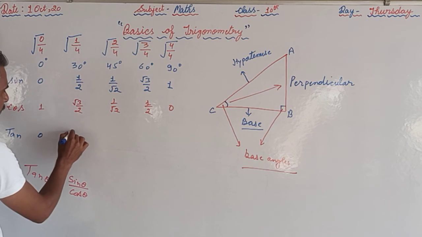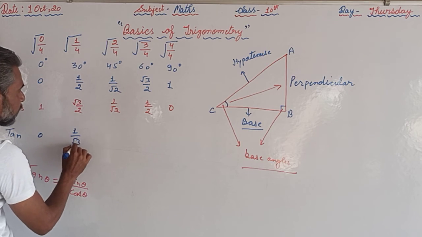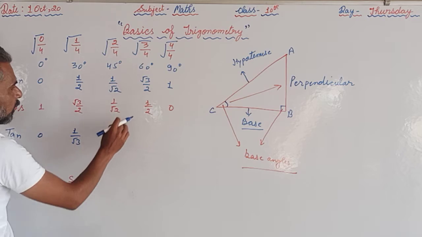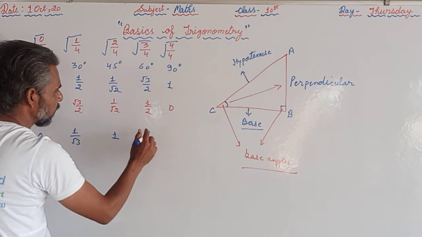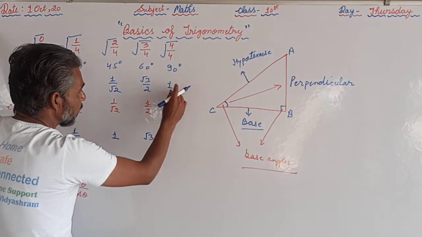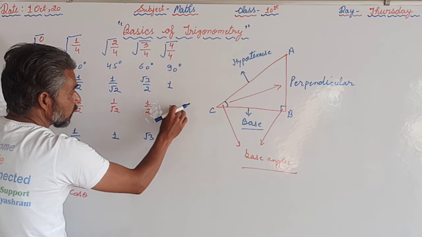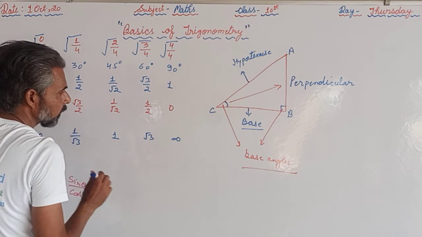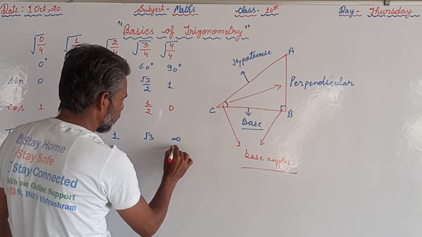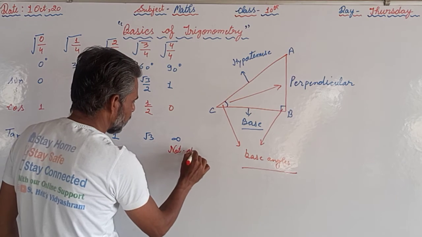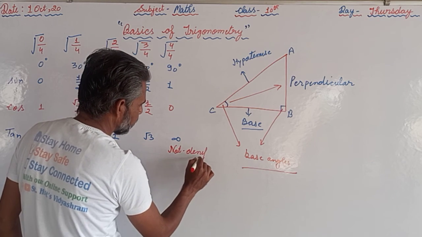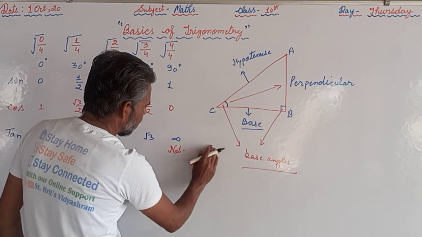Then this divided by this will be 1 upon root 3. Then 1 upon root 2 divided by 1 upon root 2 is 1. Then root 3, and finally 1 divided by 0, which is not defined.